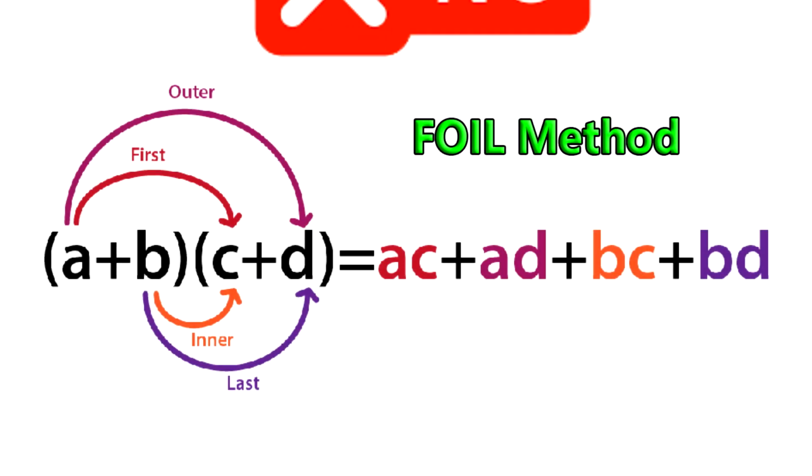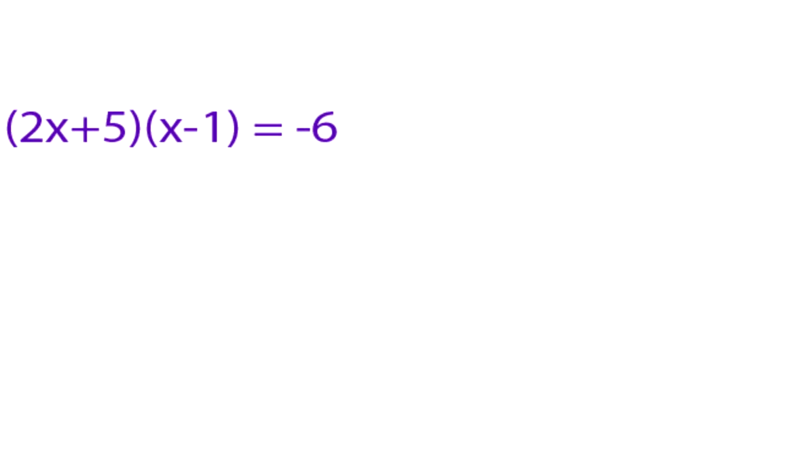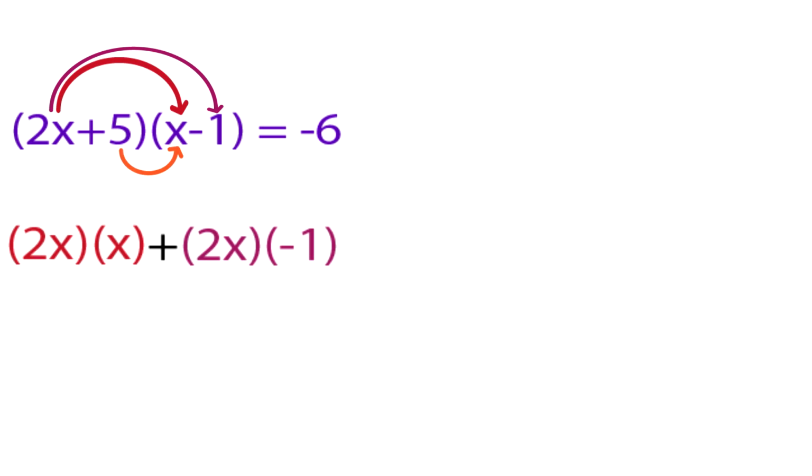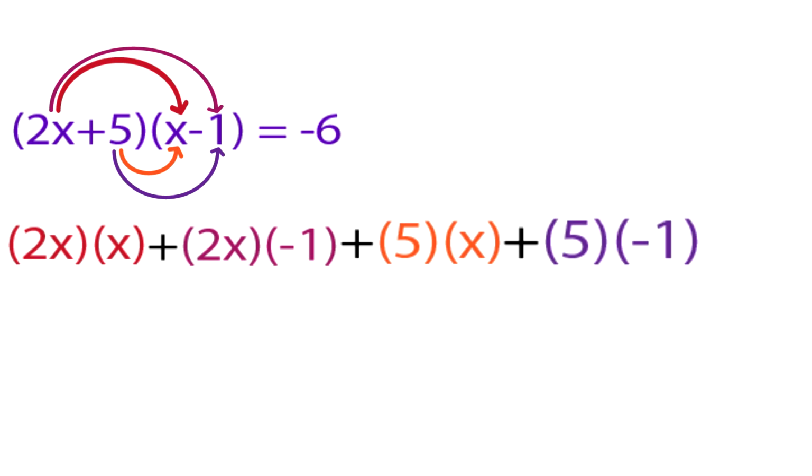FOIL stands for first, outer, inner, last. First, we multiply 2x times x. For outer, 2x times negative 1. For inner, 5 times x, and last, 5 times negative 1 equals negative 5.